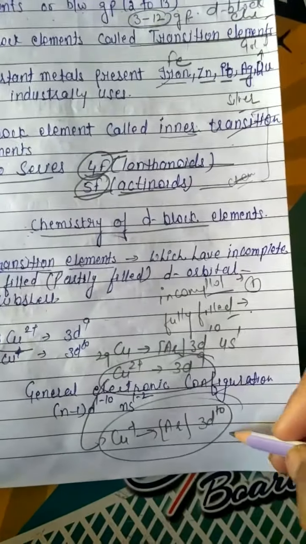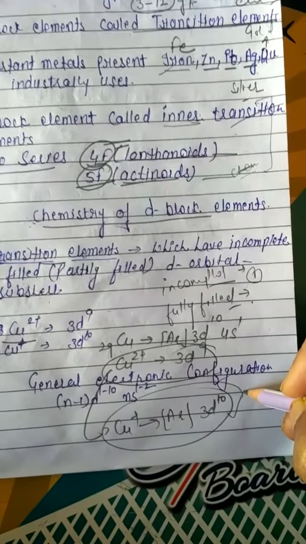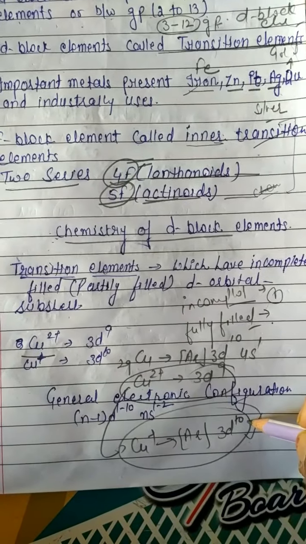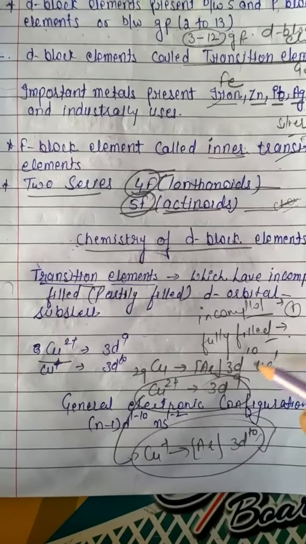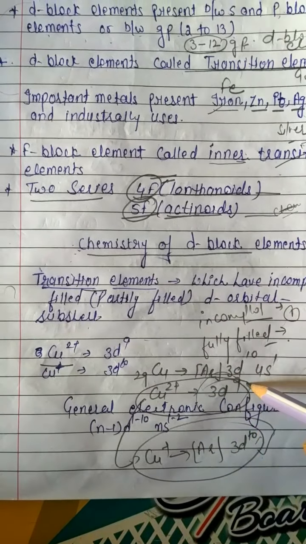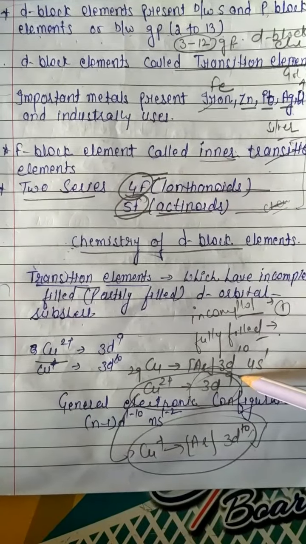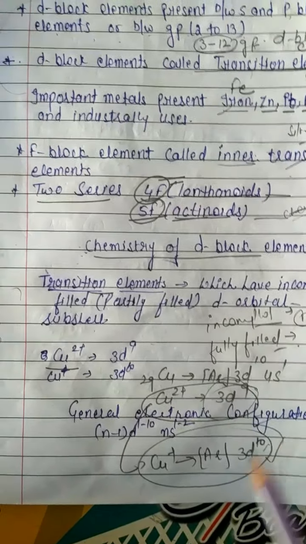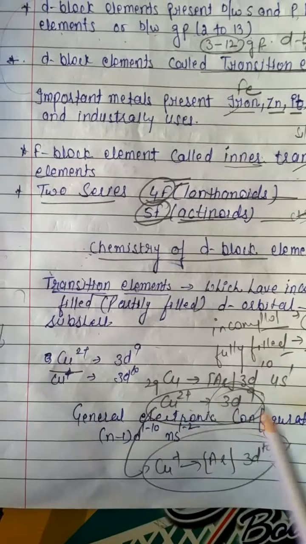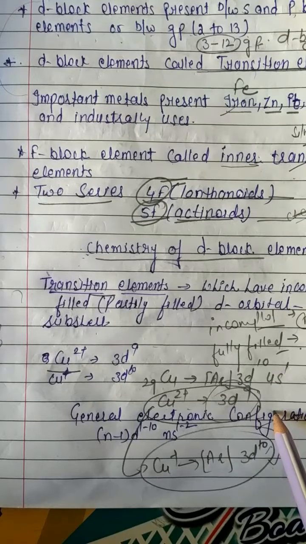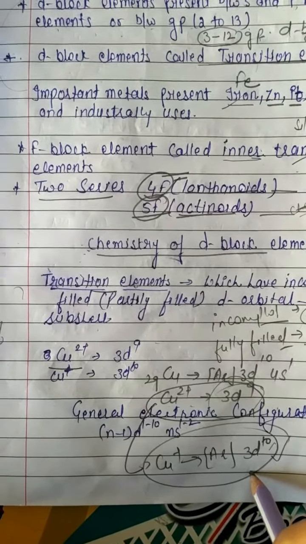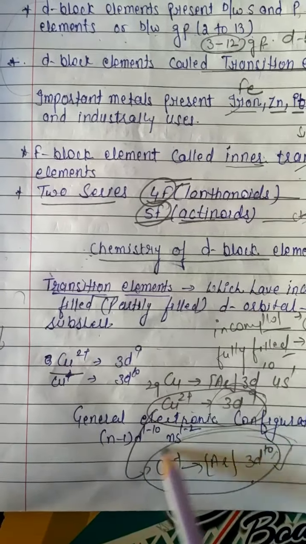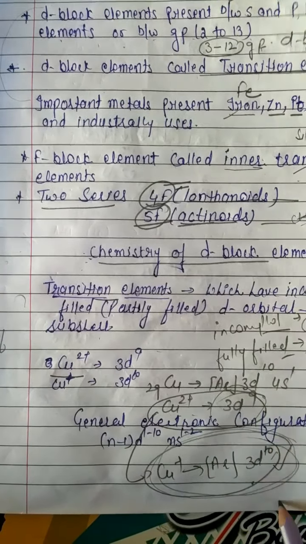Now in this, the d orbital is fully filled, since a d orbital can hold 10 electrons. But in the case of copper 2 positive, 9 electrons are present in the d orbital. So that's why copper 2 positive is considered a transition element, but we do not consider copper positive a transition element because its d orbital is fully filled.